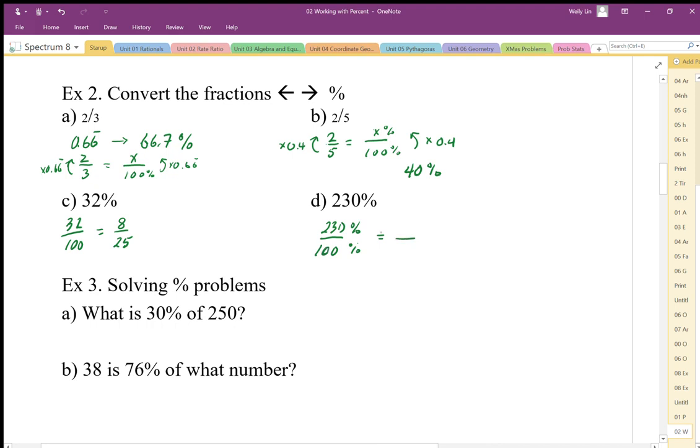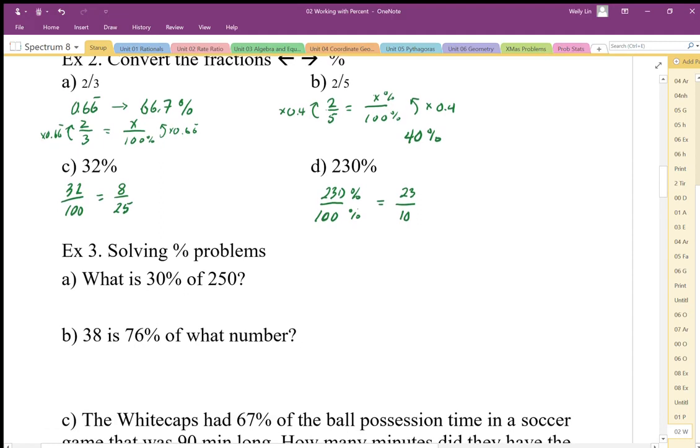Okay, and we can simplify this. We have common factors of 10, so it becomes 23 out of 10, as our fraction. And our decimal multiplier is going to be 2.3, which is our decimal value for that fraction.